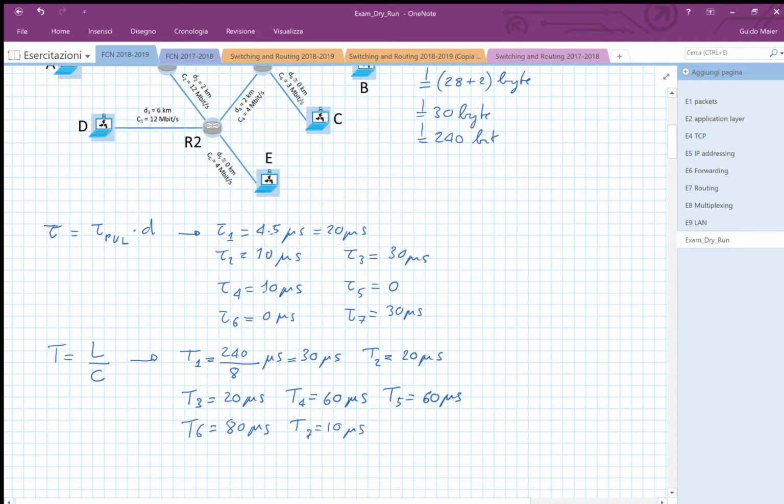Okay, and this is just a preliminary calculation.